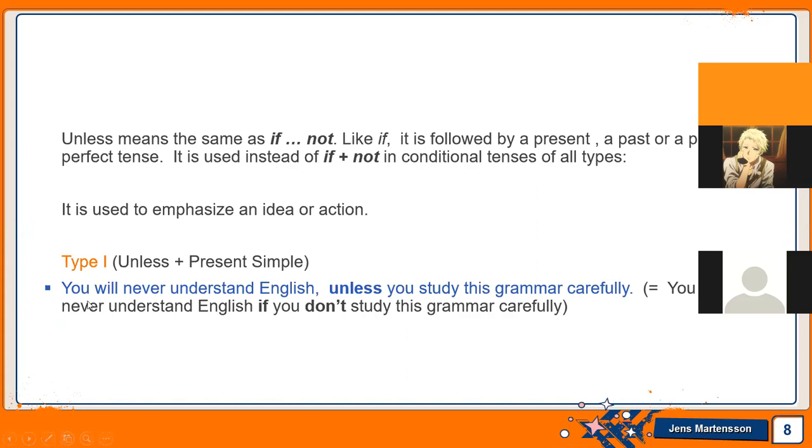Okay, I'm going to give you a sample here. So this one, type 1, unless is followed by the simple present tense, because we are talking about conditional sentence type 1. Example: you will never understand English unless you study this grammar carefully.